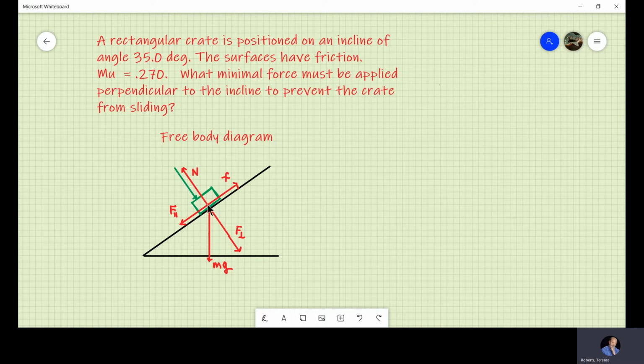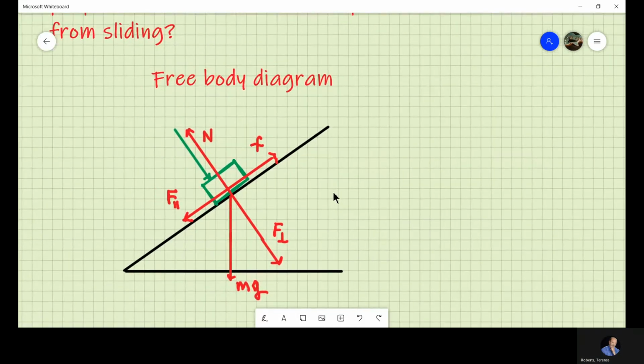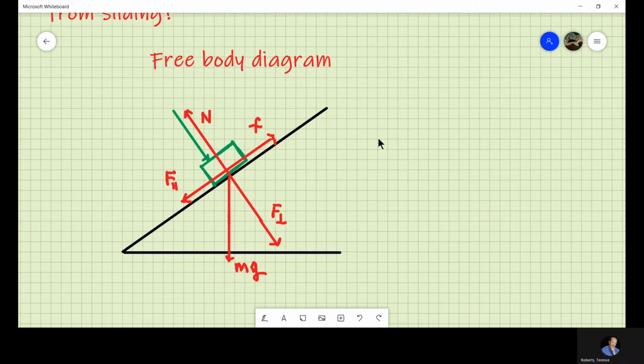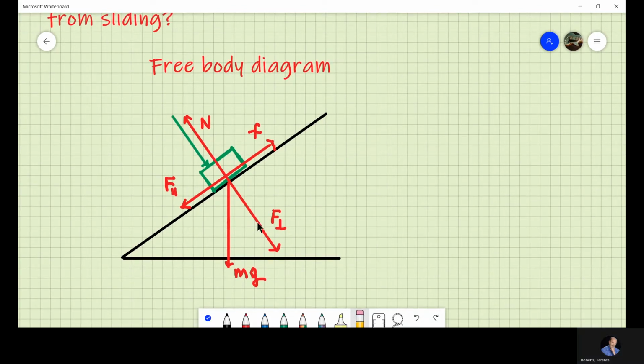So we have this green arrow right here, which is some applied force, and that's coming down.